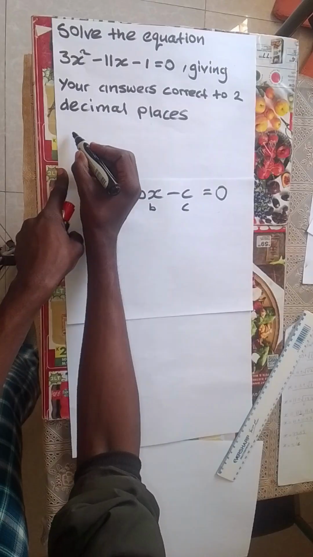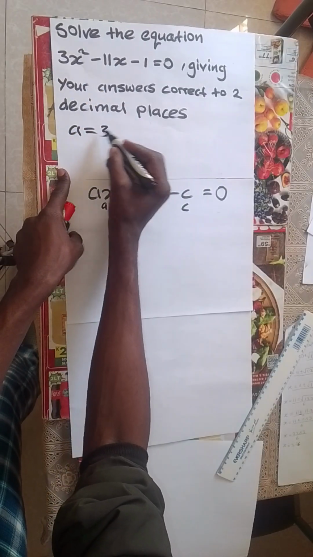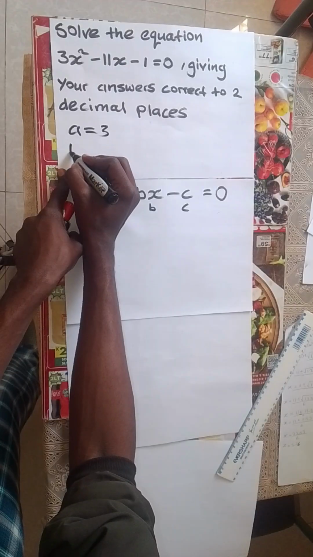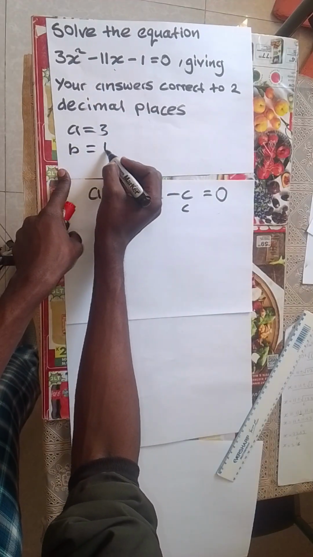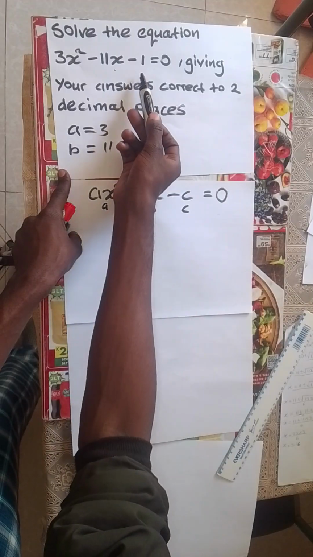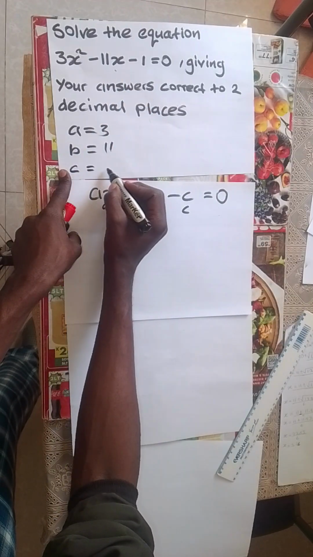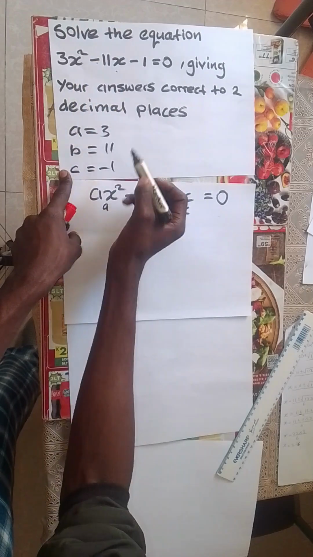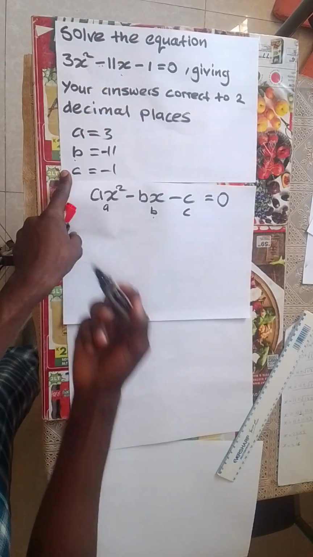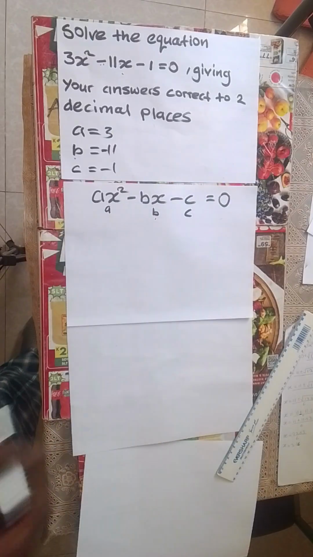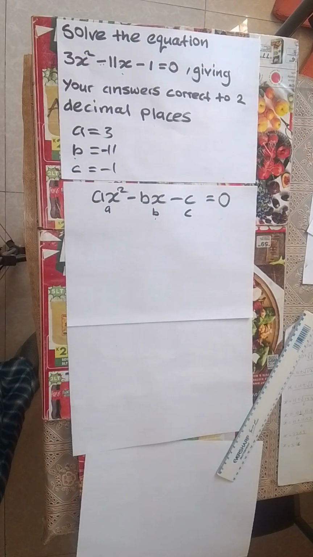My A here is a 3, and my B, I'm having 11, and my C, I'm having a negative 1. Sorry, this is supposed to be negative 11. So my B is a negative 11. So now we have this information which we have gathered.